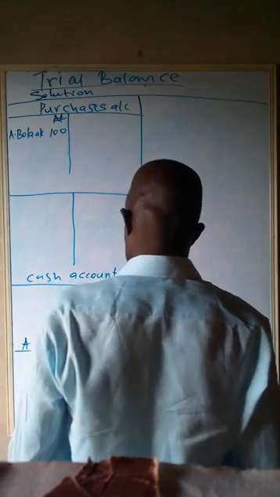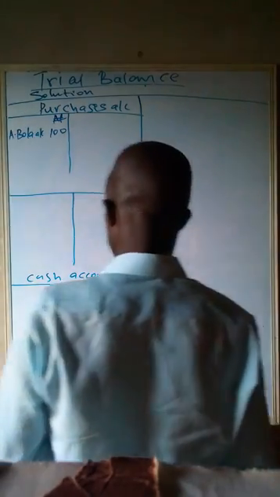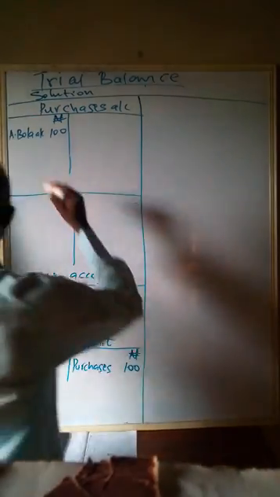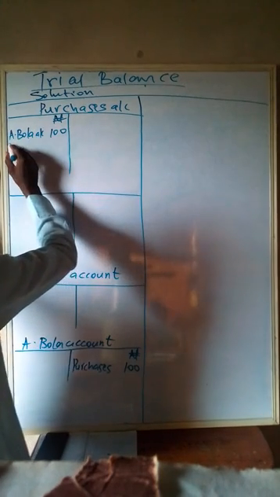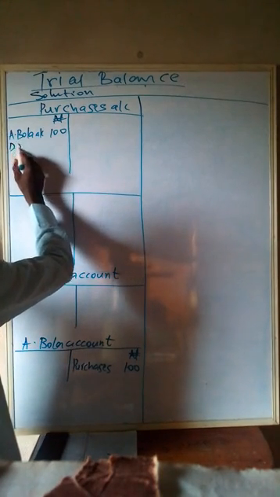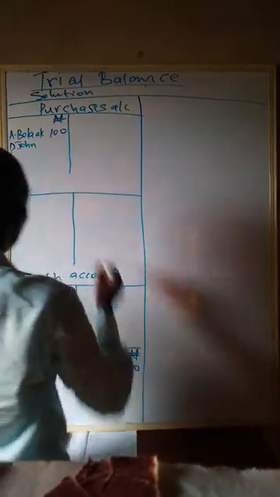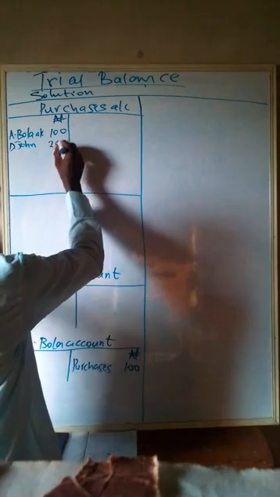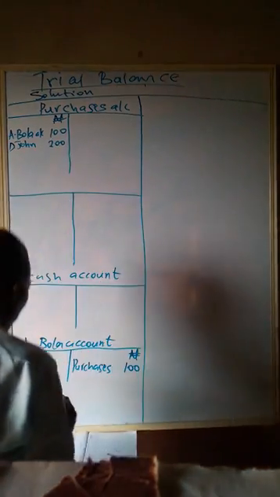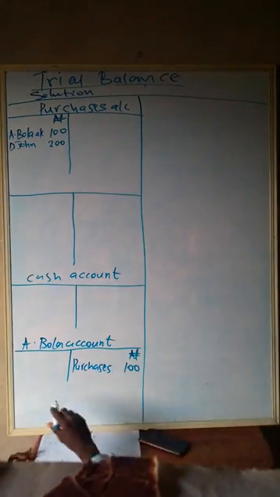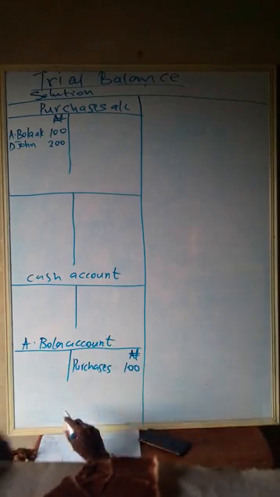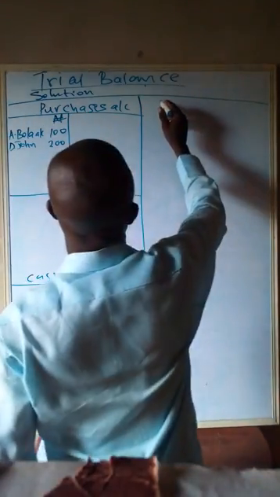Bought goods on credit, 150 naira from D. John. That's another. This is D. John's account. Bought goods on credit from D. John, that is 150 naira. Then I go to D. John's account. Let's just manage the space. It can't be enough, so let me open D. John's here.